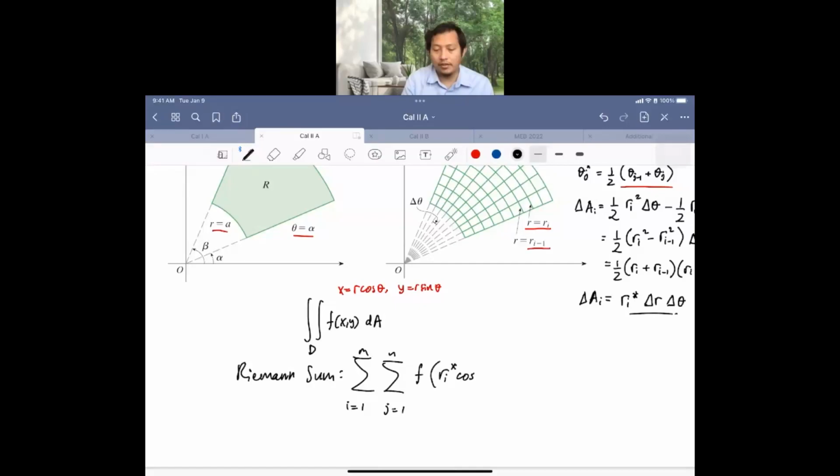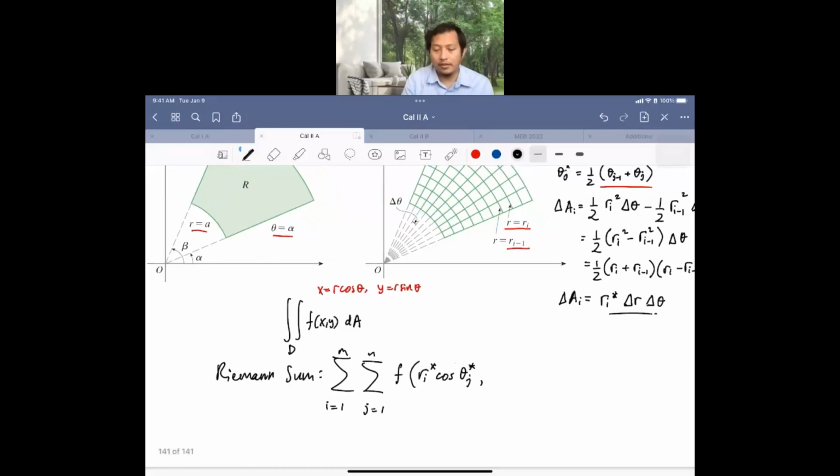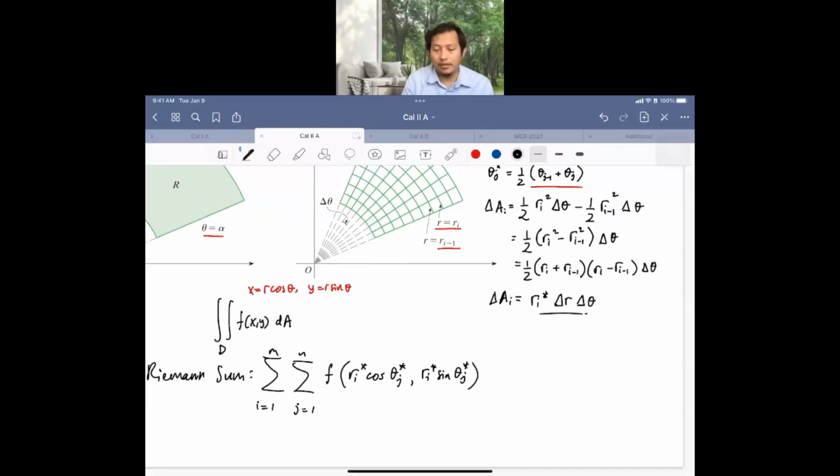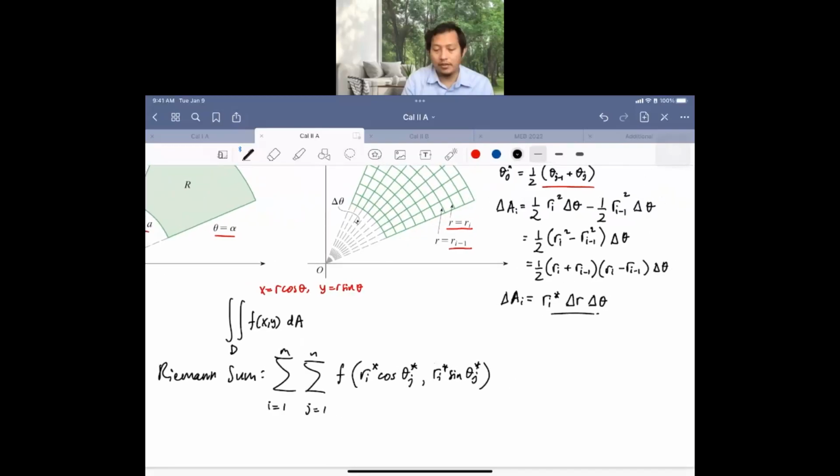We are focusing on observing the small rectangle, so we need to write everything with the asterisk term to let them be small pieces. And then this will be equal to the delta A_i, and this is the equation. So we can write delta r, delta theta.